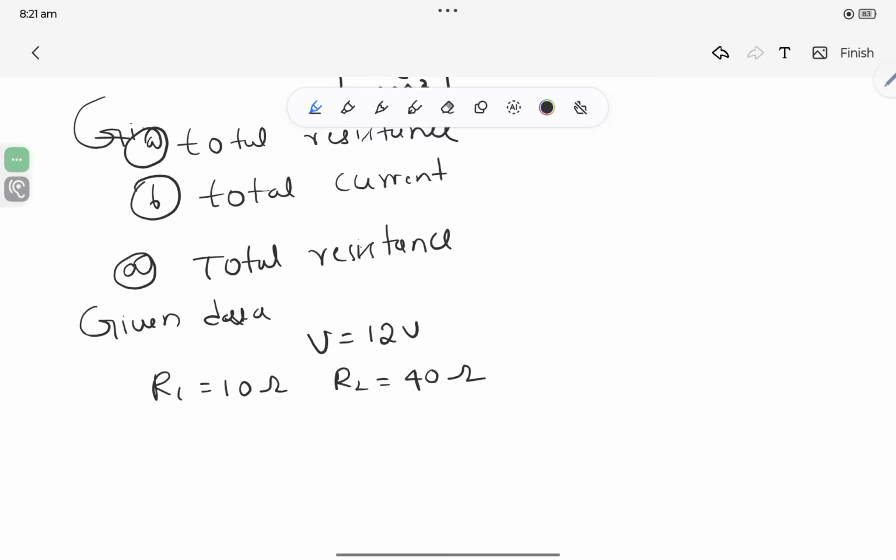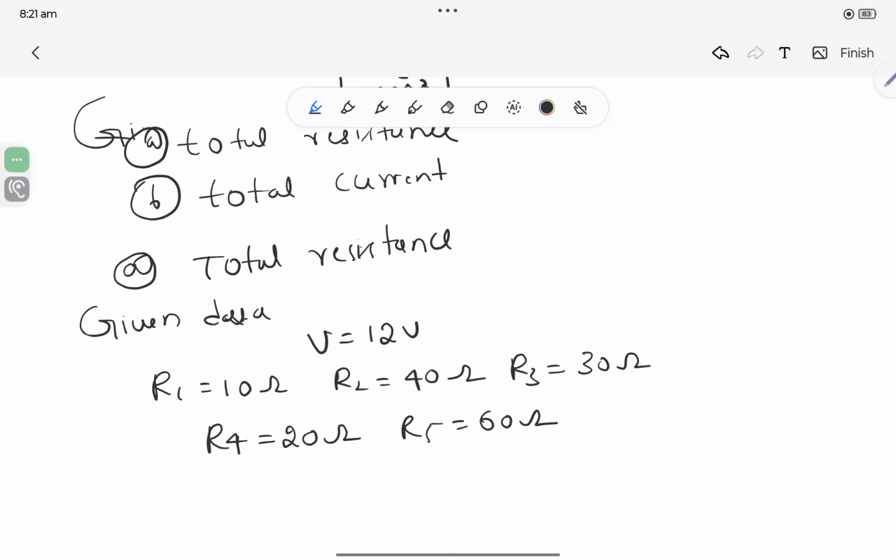R3 is equal to 30 ohm. R4 is equal to 20 ohm. R5 is equal to 60 ohm. These are the given data.